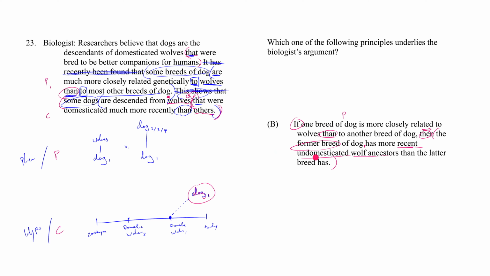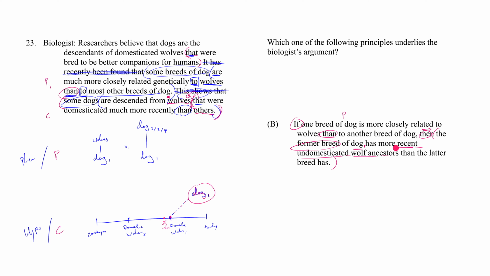They may as well be trying to hide that connection. But look, they're saying this former breed of dog has a more recent undomesticated wolf ancestor. They trace their great-great-great-granddaddy to a domesticated wolf, and then both of them, right? Both of them trace their ancestry to the undomesticated wolf.